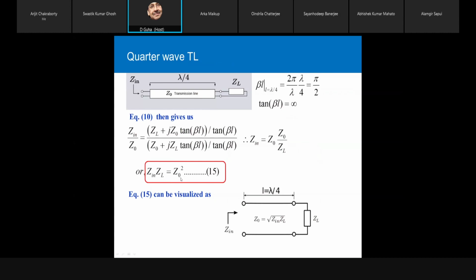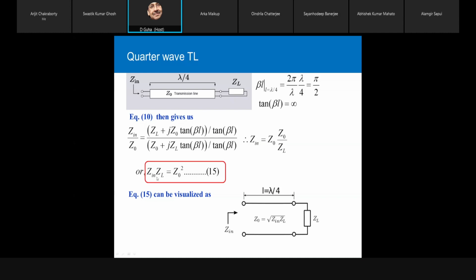I am to prepare a transmission line whose characteristic impedance Z0 is equal to the square root of 50 into 100, which is 5000.